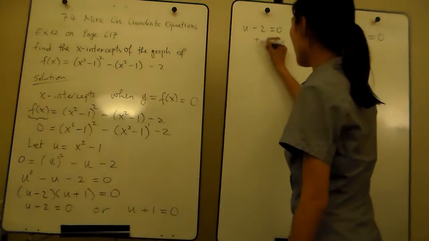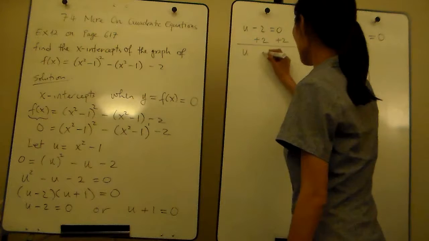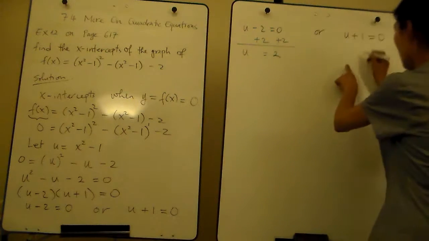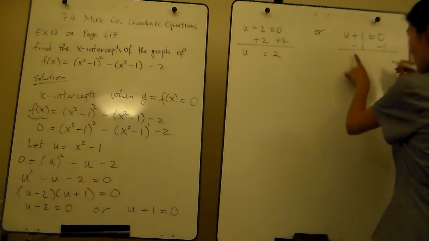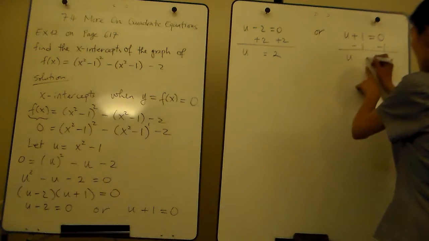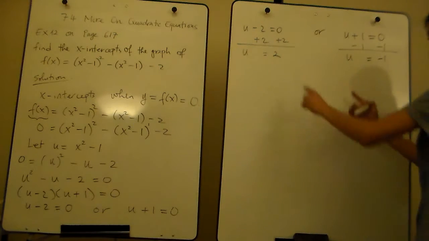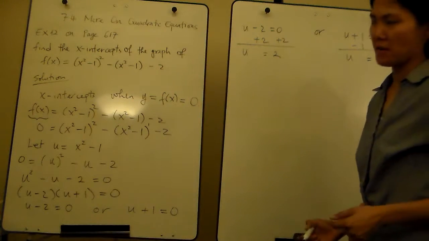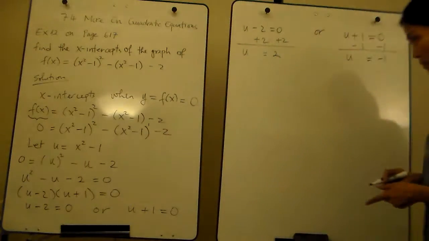Solving for u, I add 2 on both sides, so u equals 2. Solving for u, subtract 1 on both sides, so u equals 0 minus 1, which is negative 1. So it looks like there are two solutions, right? But we're not done yet, because the solution is in terms of x, not u.